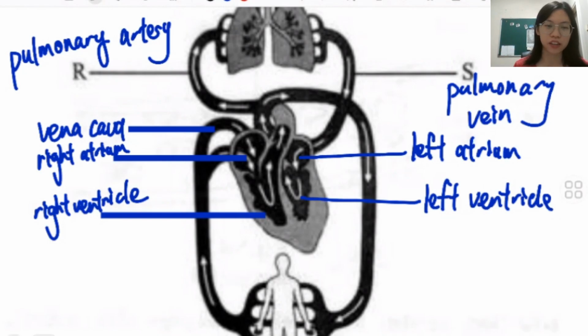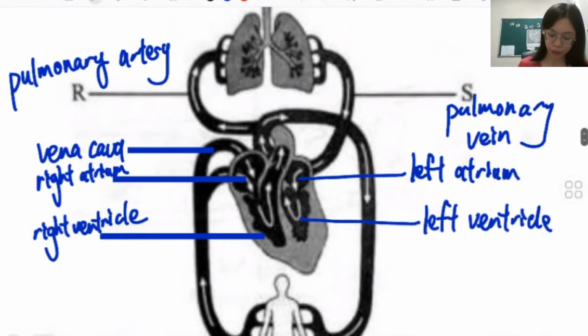Who's the big character, the one that transports oxygenated blood from your heart to the whole body? You need a very huge artery. What is this artery's name? It's not the pulmonary artery, it's the aorta. So eventually it is transported through the aorta.